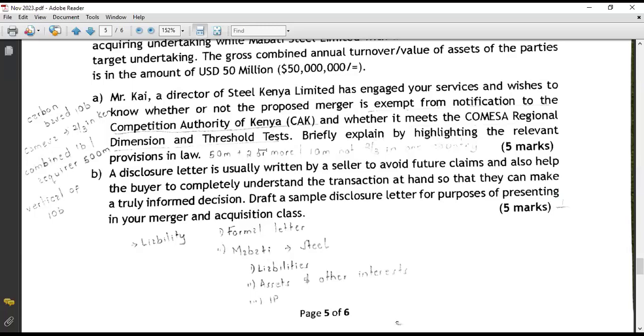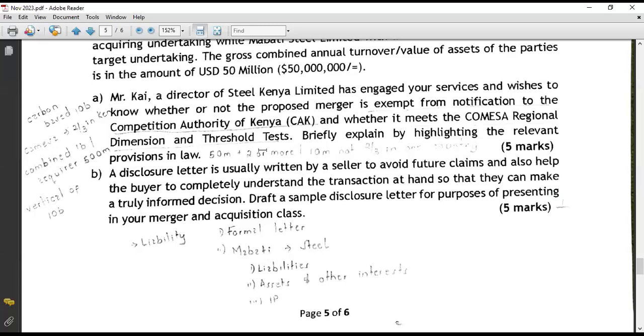So, Kate, you make a try. Briefly explain. There are several components that are checked when determining whether a merger is notifiable, reaches the notifiable threshold.